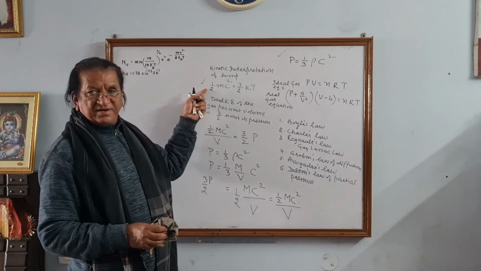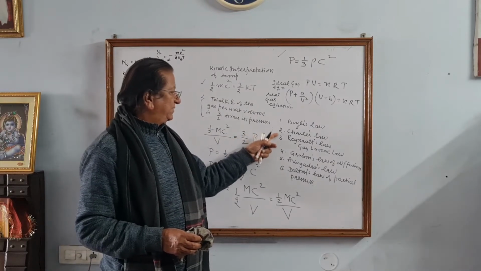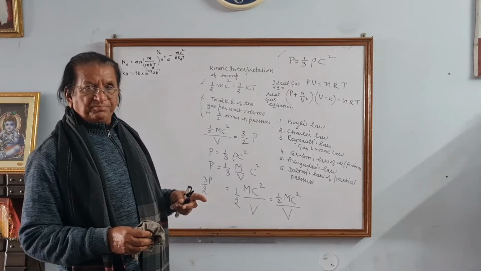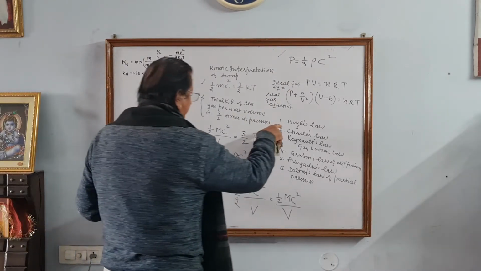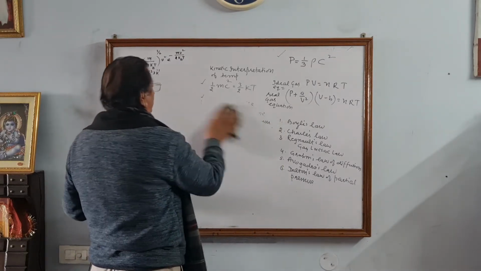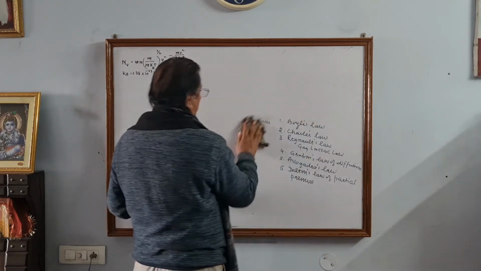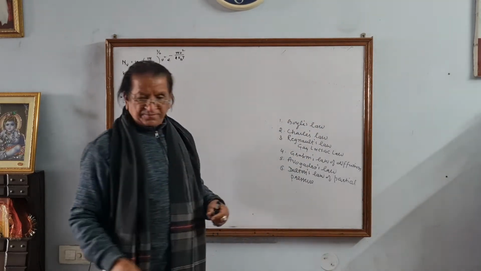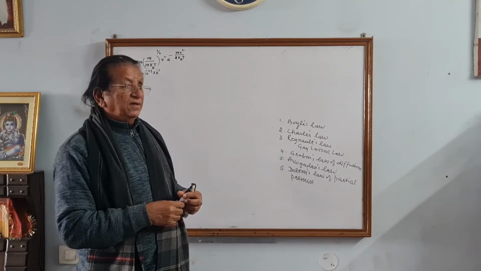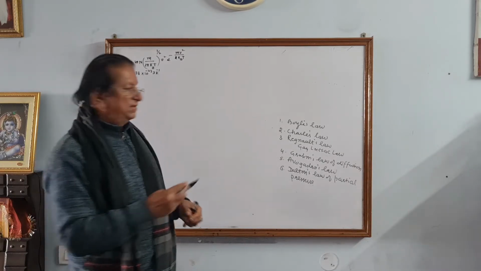This thing we did yesterday, and this we have done today. Now we have to deduce these laws from the kinetic theory of gases. Yesterday we derived Boyle's law, if you remember. What was the statement of Boyle's law? Boyle's law states that if the temperature of a given mass of a gas is kept constant, then the volume of the gas is inversely proportional to pressure.